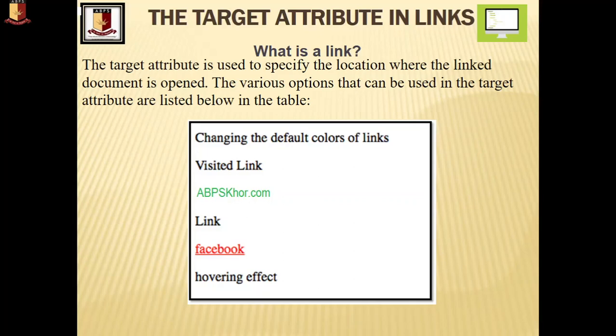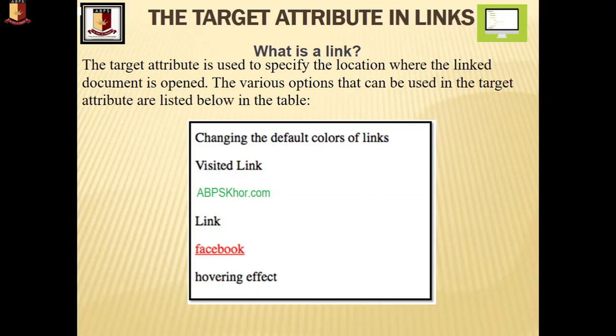Meaning, that link opens in a new window or new tab. Got it? With the help of the target attribute, you can specify how the web page will behave when the user clicks on a particular link.